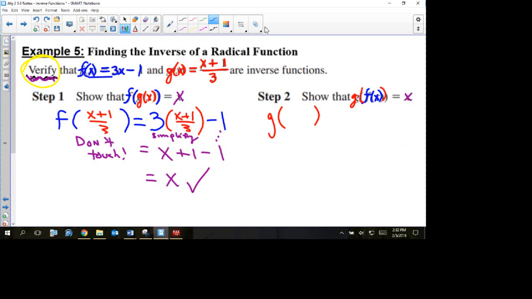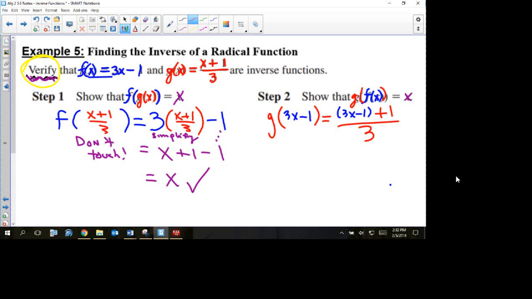And wherever you see x, I'm replacing that with the f function. So wherever I see an x, I'm making it 3x minus 1. So I took the entire g function, and wherever I saw an x, I made it 3x minus 1.